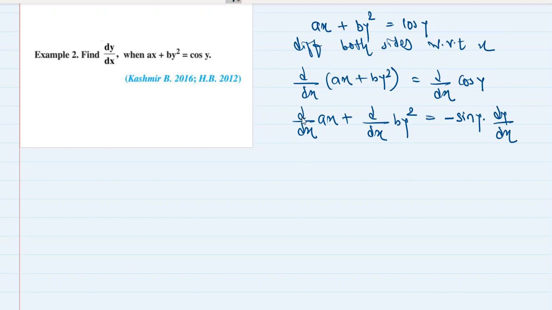Here d by dx of ax, a is the constant so it will come out, and d by dx of x is 1, so here only a will remain. Here b will come out constant, and I'm going to get d by dx of y square. This will be minus sine y dy by dx, no problem.